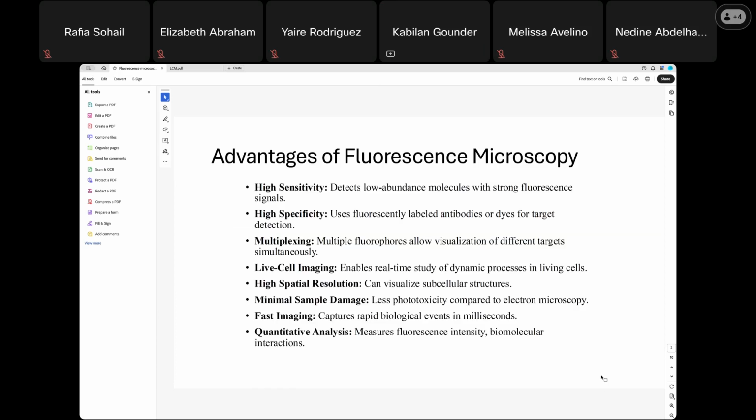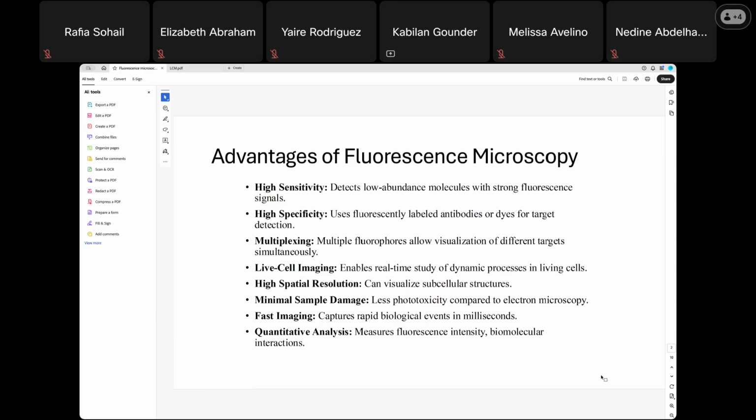One advantage of fluorescence microscopy is that it's very, very sensitive, because it detects low abundance molecules with strong fluorescence signals. Sometimes proteins are expressed enough that they are easy to detect. But due to treatment, other abnormalities, mutations, or radiation, there are many reasons the protein or any target can be low.